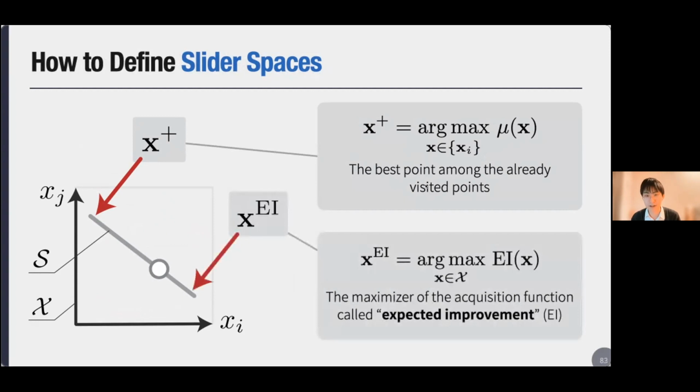Second, we set the other endpoint to the point called XEI, which is the point that maximizes the acquisition function. Note that we used the expected improvement as the acquisition function because this is the popular choice. Then by connecting these 2 points, we construct the one-dimensional slider space.